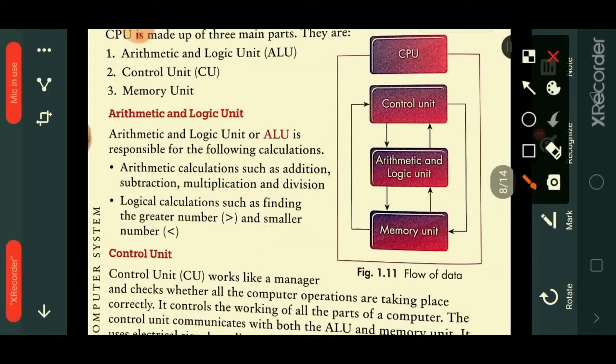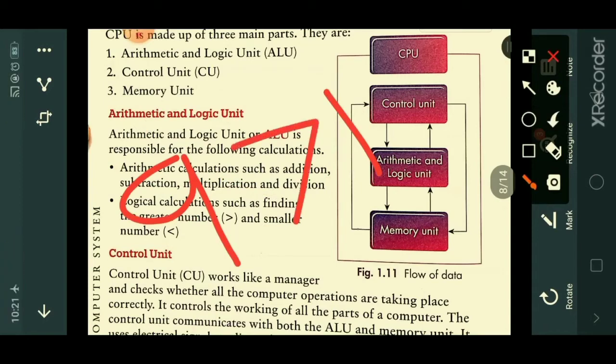For example, if we have two numbers, 9 and 1, which is greater? To make such a decision, 9 is greater, right? So to make such a decision we use the arithmetic and logic unit.